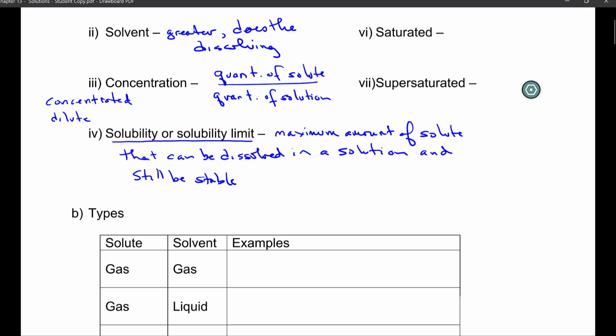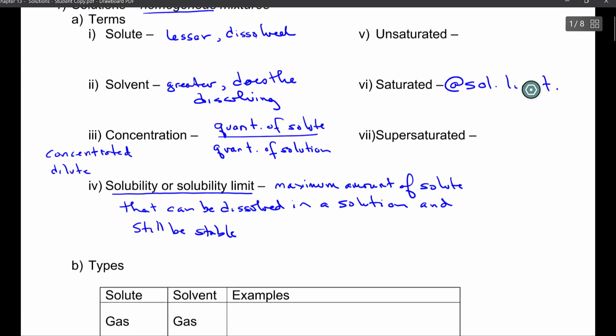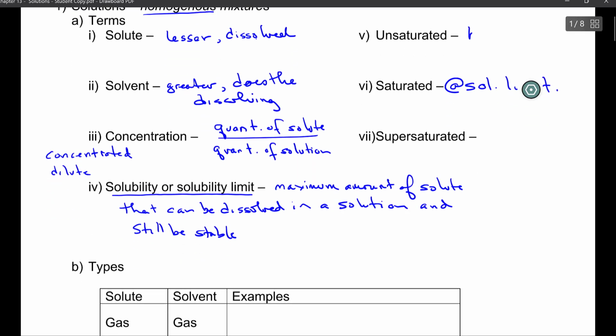So we call that the solubility or the solubility limit. Now, a term that goes along with that is a saturated solution. This is at the solubility limit, and this is a very temperature dependent phenomenon usually, and then there's unsaturated. This is below the solubility limit.